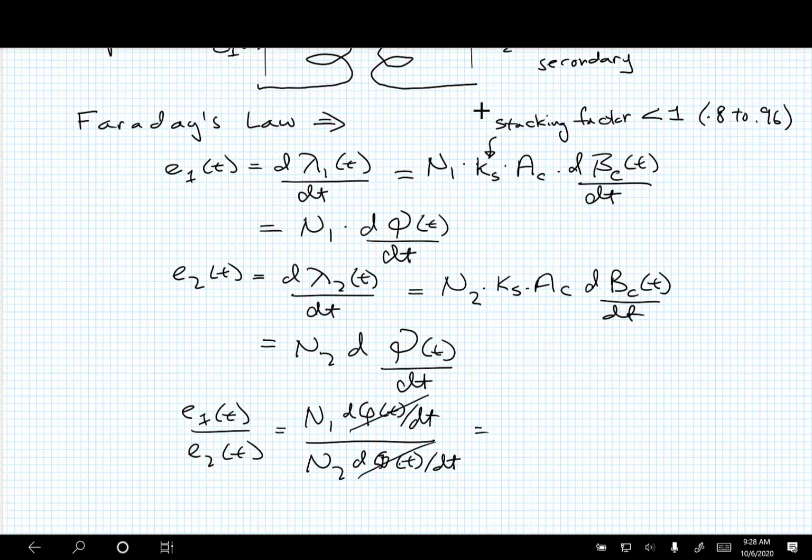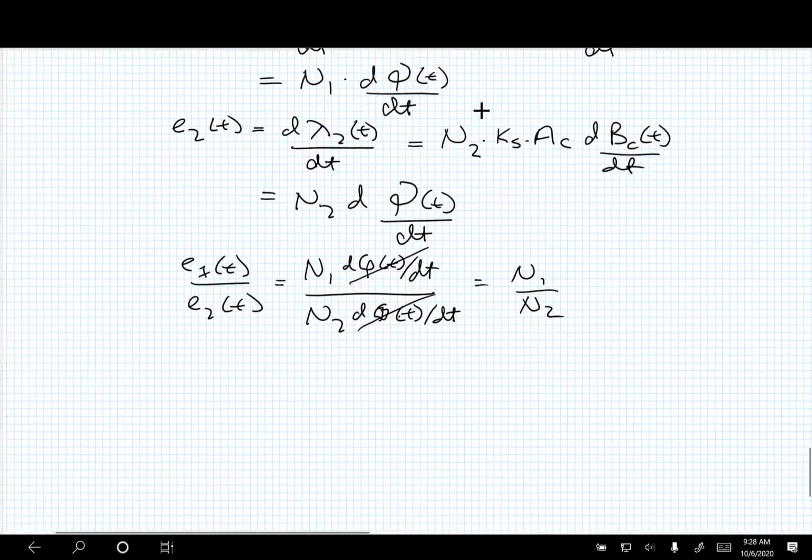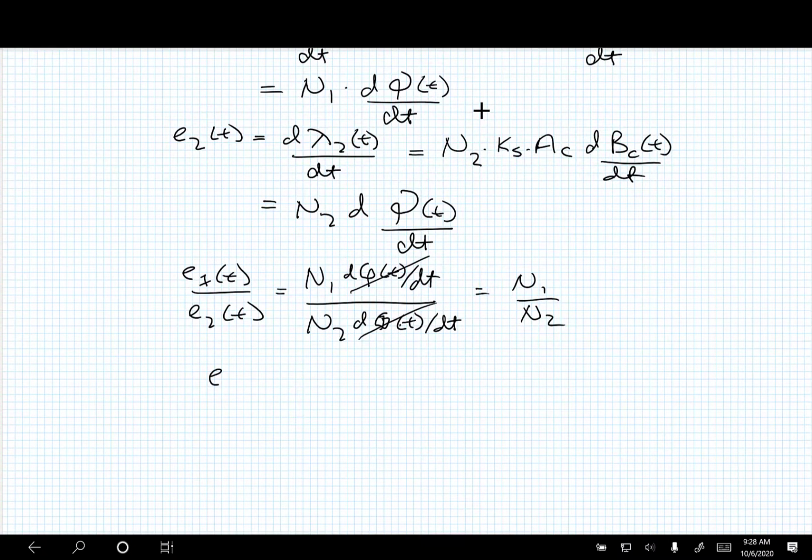These cancel. It's the ratio of the turns. So if we knew what the voltage was on the primary side, we could find the voltage on the secondary side.